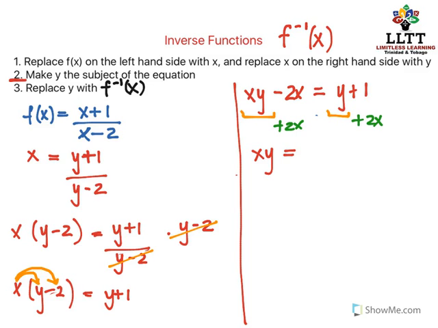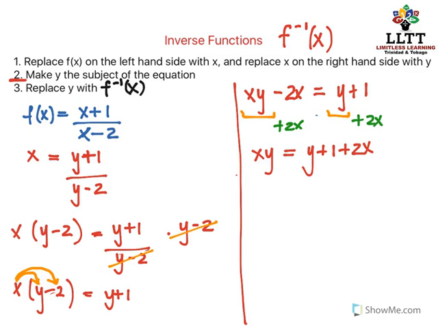So xy plus 0 is xy, sorry. Right? So I'm getting rid of that negative 2x by adding 2x. On my right hand side, I now have y plus 1 plus 2x. Right? I'm just adding 2x there.